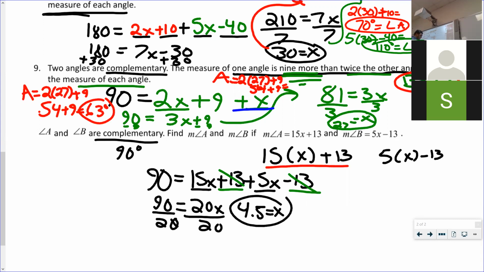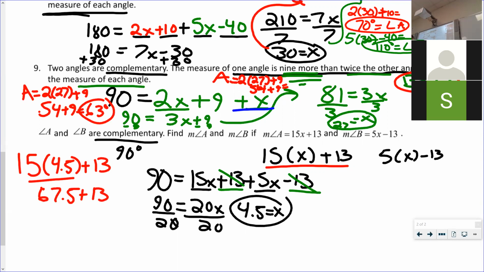And let's solve for each one. So I'll do the first one in red on the left. 15 times 4.5 plus 13. What is this part right here? 15 times 4.5. Is that not for angle A? 15 times 4 is 60, so 67.5 plus 13.